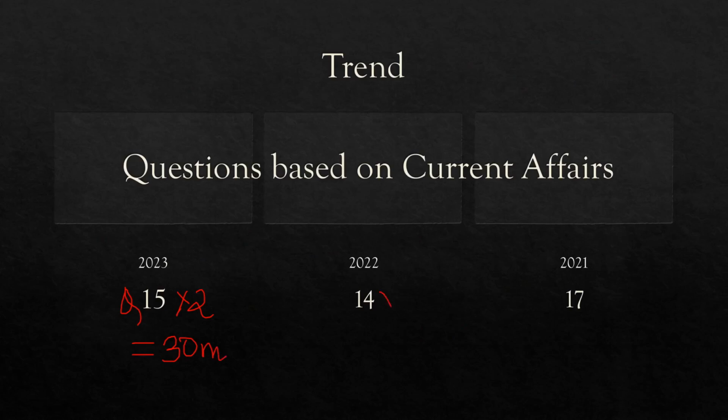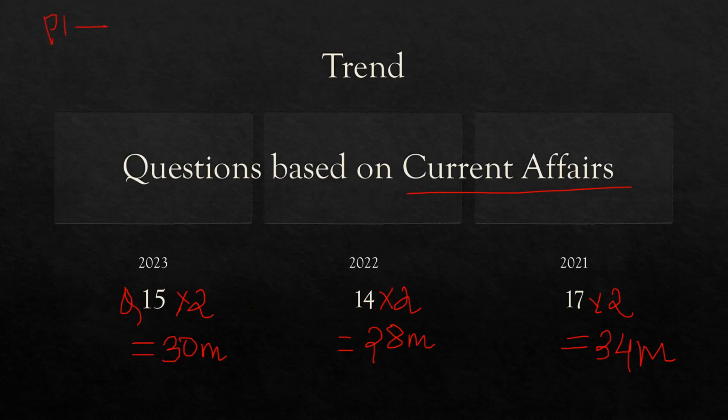In 2022 there were 14 questions, that means 28 marks from current affairs, and similarly in 2021 there were 34 marks asked from the current affairs section alone. I am talking about paper 1.